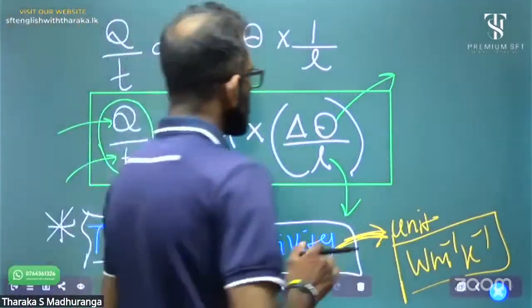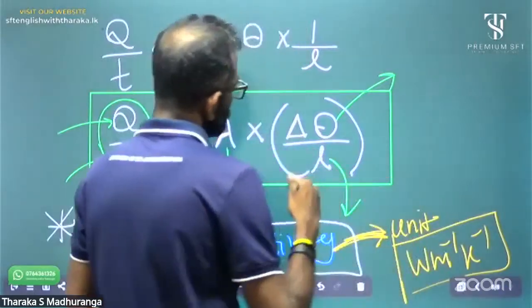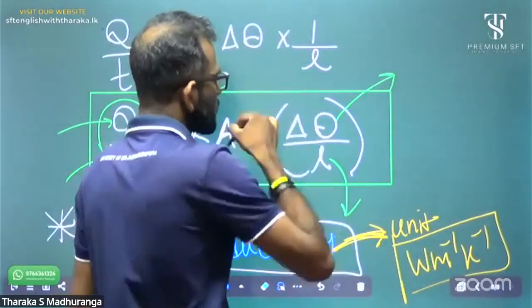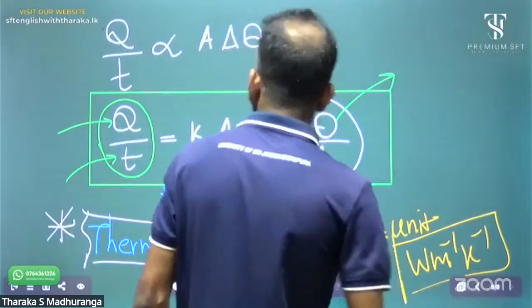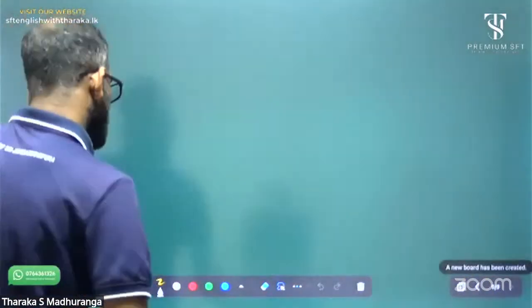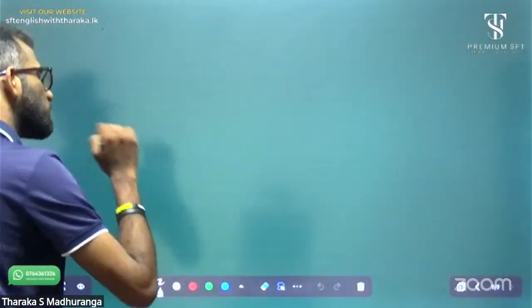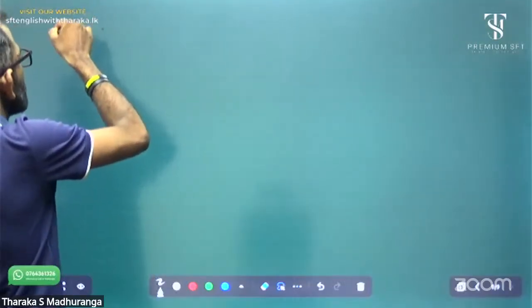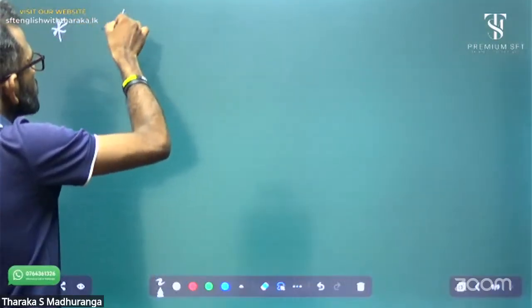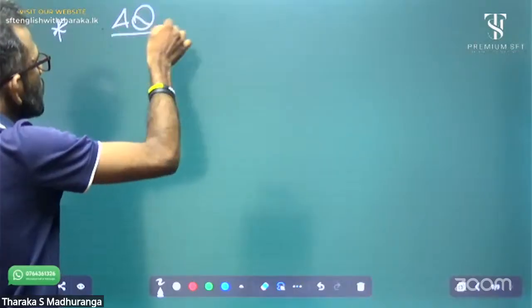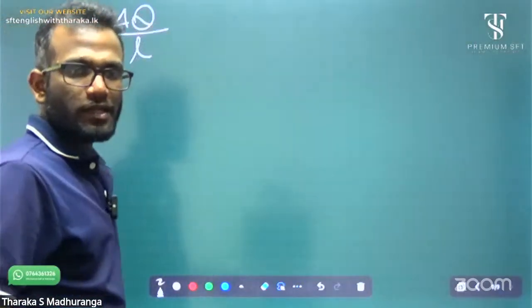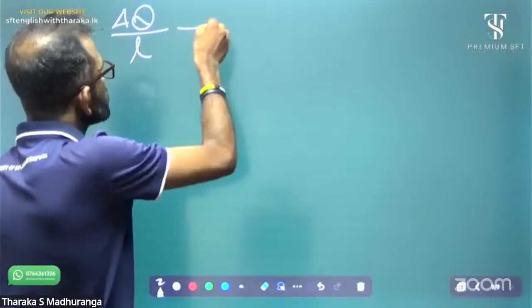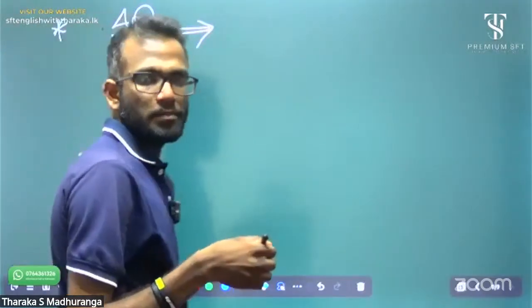And I forgot one thing. If you got this part separately, delta theta over L, we call it by a special name. Do you remember this name?